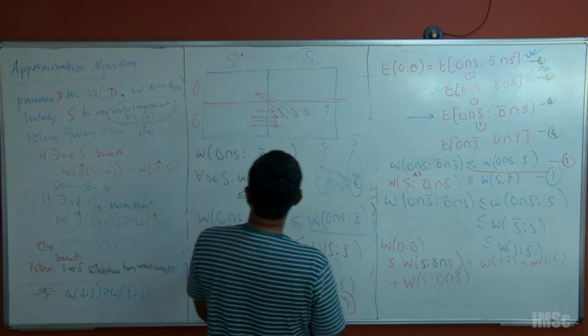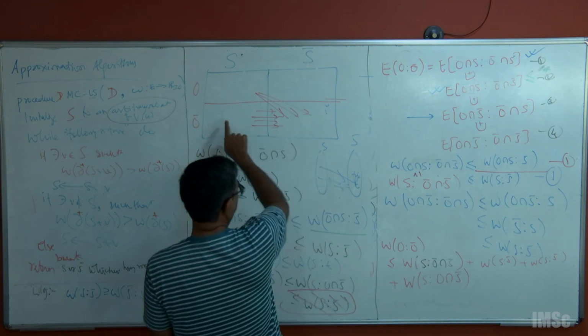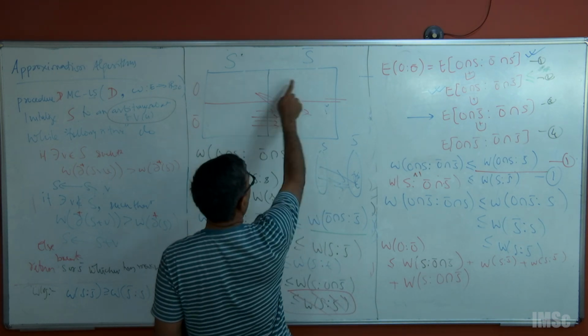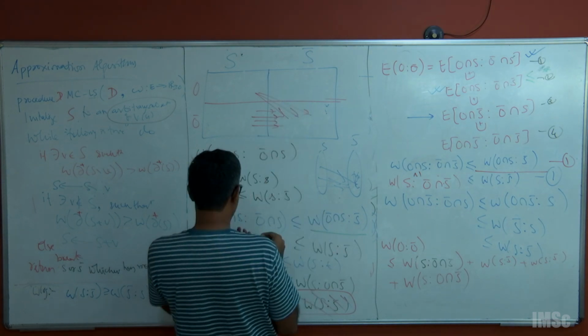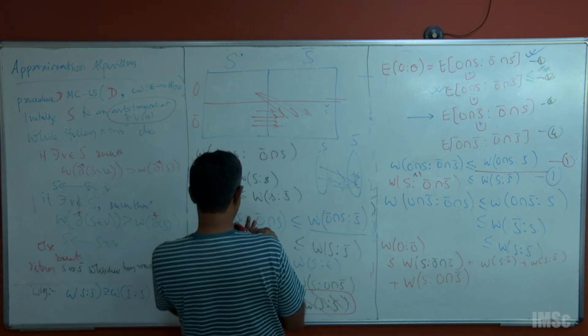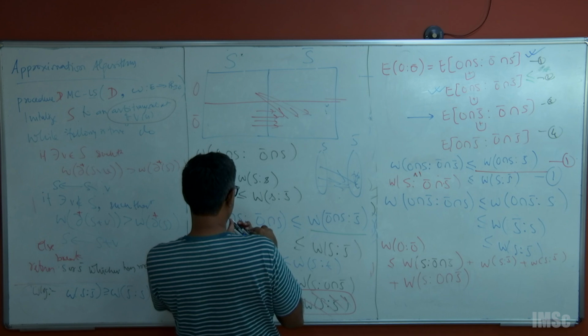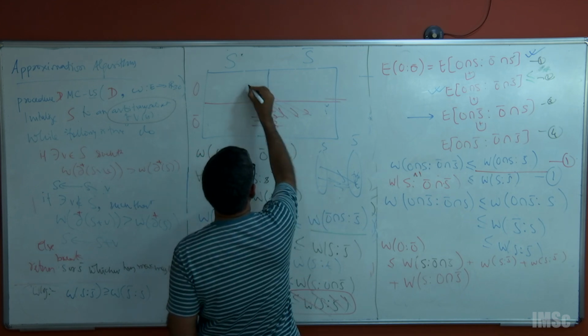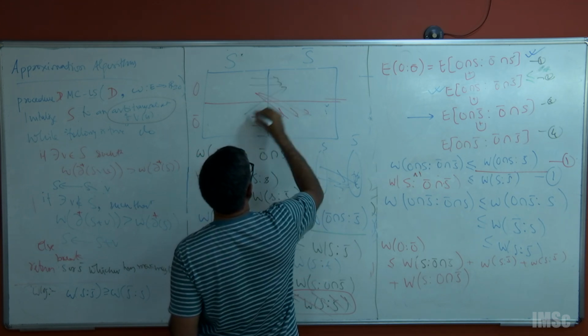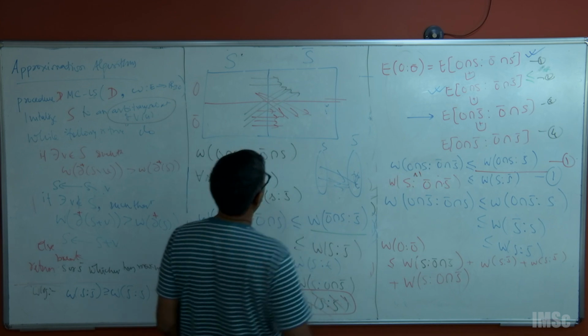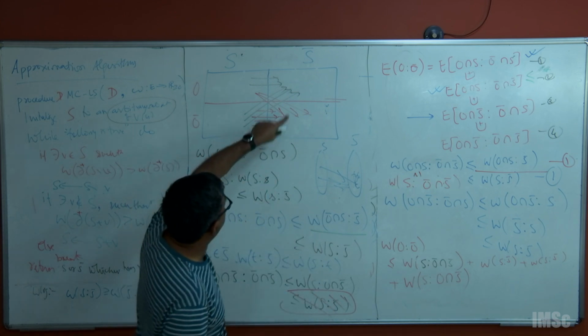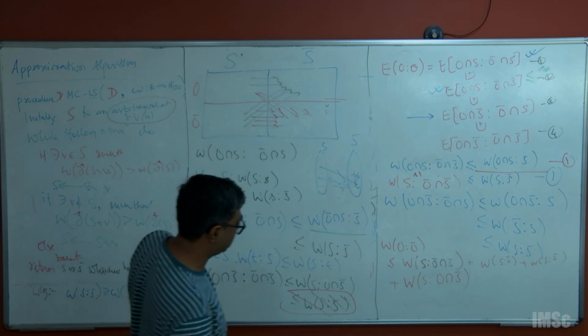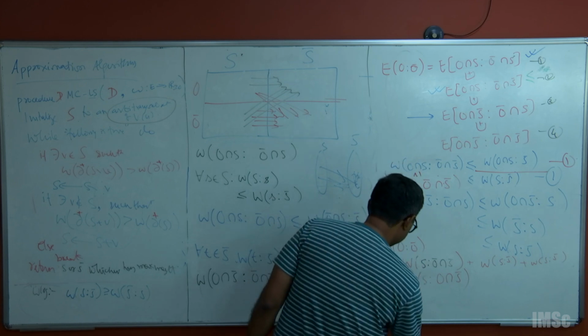All the arcs that start from S and go to O intersection S bar. So these are basically all the black edges. But the red and black edges together, the upper bound is exactly equal to what?